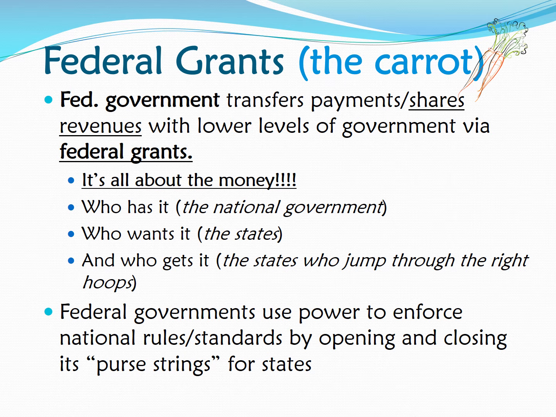We already covered the way in which the animal trainer can get the animal to do the tricks via negative stimuli, but there's also a way to do it through positive stimuli, and that is to provide a treat or reward. In political science circles, we typically refer to grants as a carrot, an incentive or an enticement to get a state to do what the federal government would otherwise want them to do.